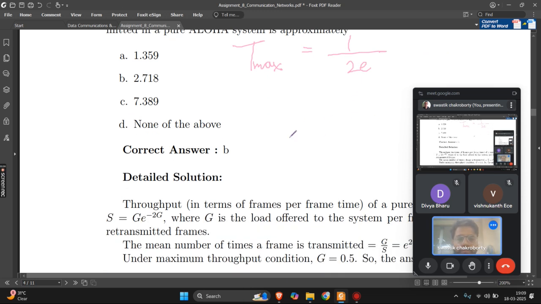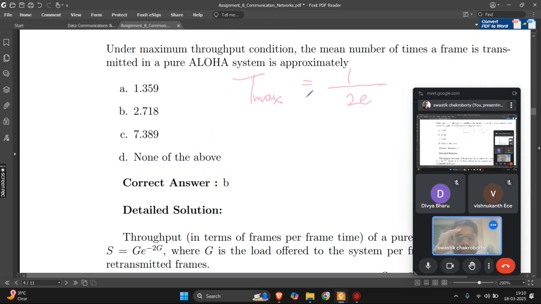So 1 by 2e will be the maximum percentage of packets that are getting successfully transmitted. Of the total number of packets, only 1 by 2e of them will reach.